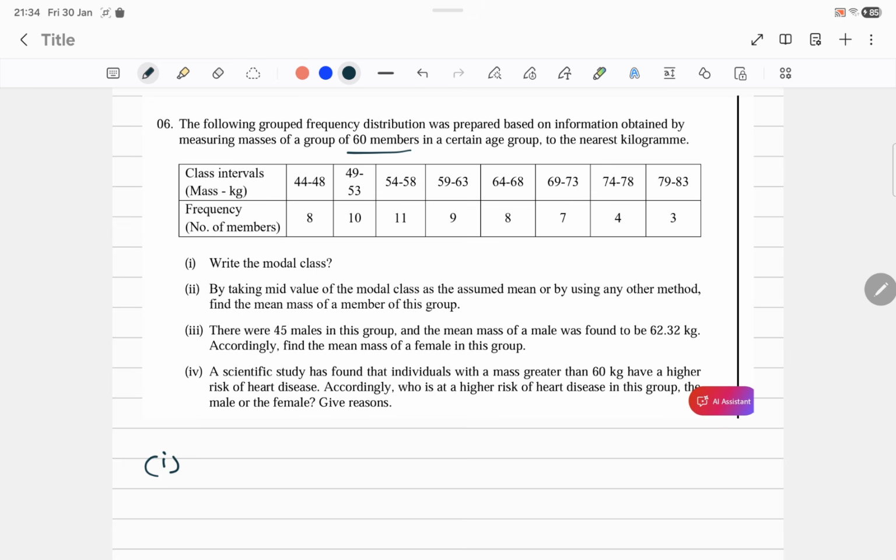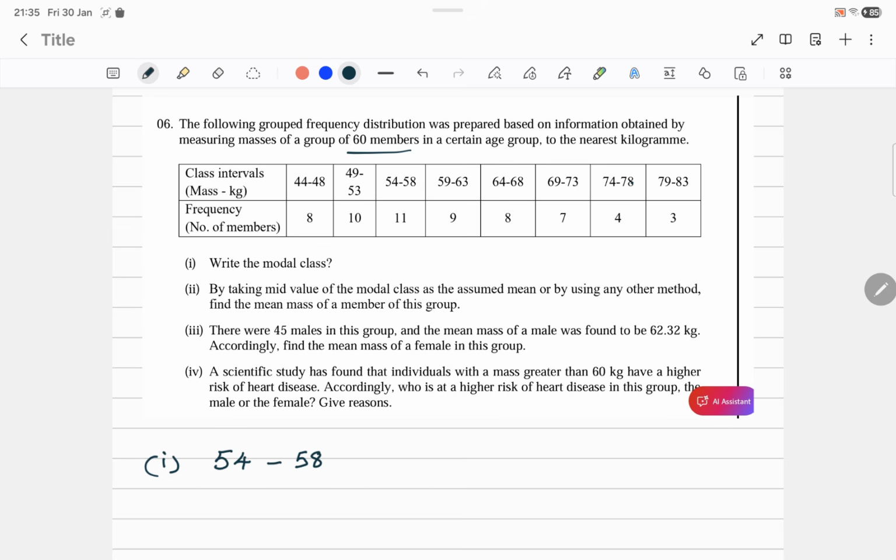Write the modal class. Highest frequency. Which one has the highest frequency? 11. So the modal class is 54 to 58.